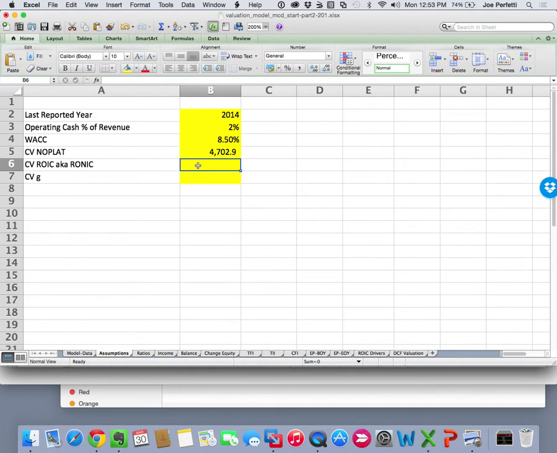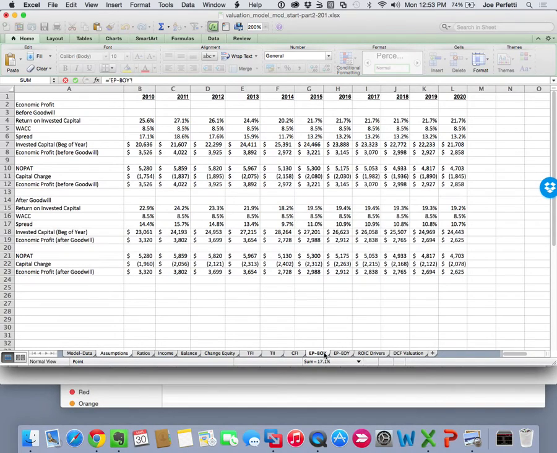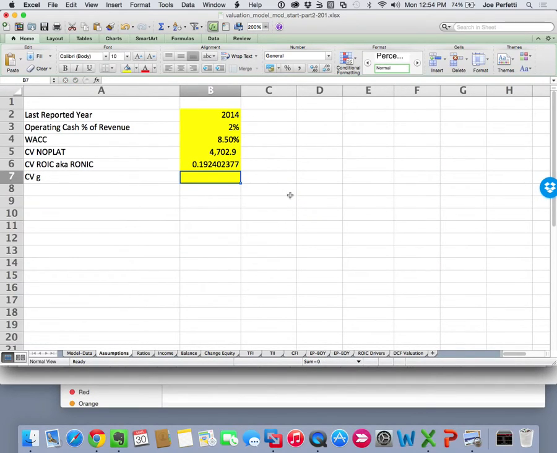My continuing value RONIC, RONIC stands for return on new incremental capital, is going to equal my 2020 ROIC, and this is key, using the BOY tab. So I go to BOY 2020, ROIC after goodwill. We always include goodwill in our valuations. So that's row 15, column L. So L15 off the BOY.